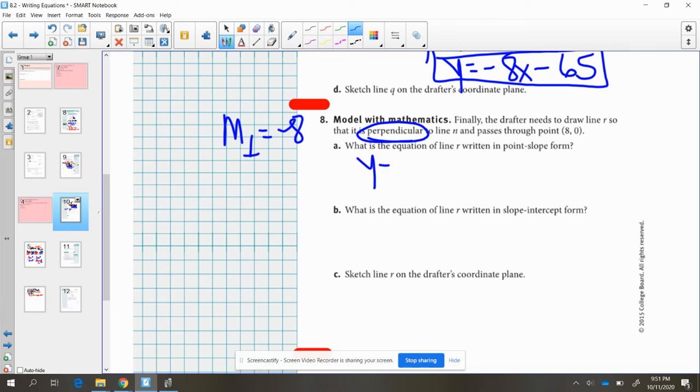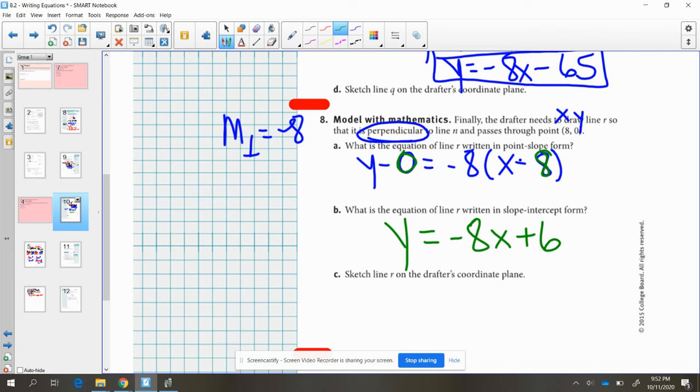And in our point slope format, we're going to plug in y, and we're going to plug in the slope and x. So again, here's x and y that are getting plugged in, so 0 and 8. And then when we distribute, what we're going to notice is we have y minus 0, so that's just going to be y equals, and then -8x plus 64.